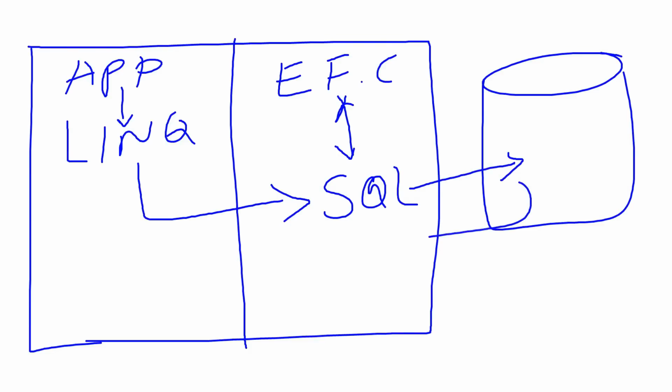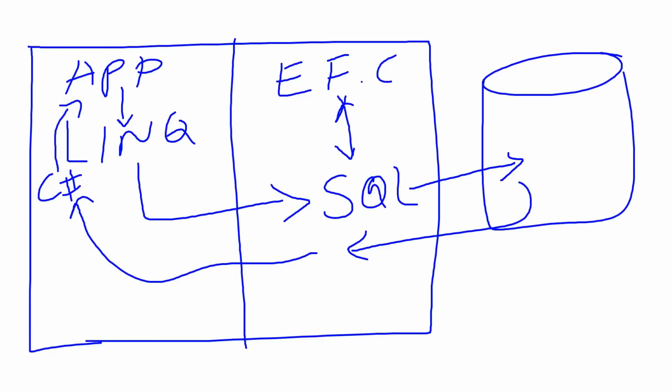Once we get the data from the database, the data will be converted back into C# objects. C# objects are nothing but class objects or lists. It can be anything, so we can say it is a C# object, so that we can use this C# object inside our application. That's how Entity Framework Core reads the data from the database.